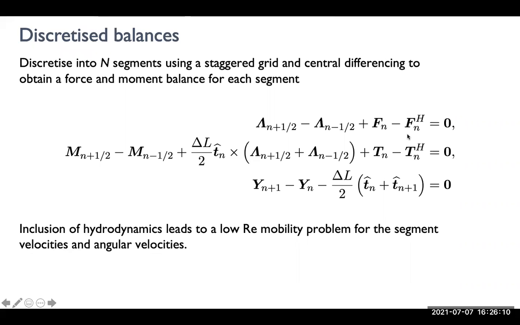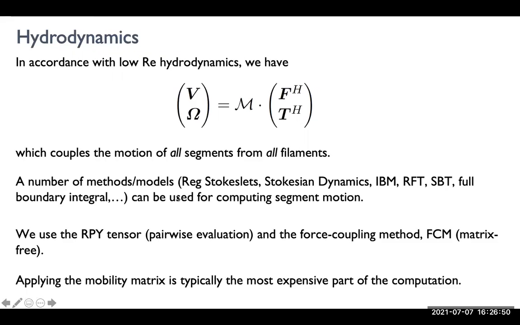It's written a bit cryptically, but what you actually have here, splitting the force and torque into its hydrodynamic and non-hydrodynamic components, is really similar to a low Reynolds number mobility problem for a collection of rigid particles. And this is what you're going to want to solve to get the motion of all of your segments, or I guess the velocities and angular velocities of all of your segments. So this is this low Reynolds number mobility problem.